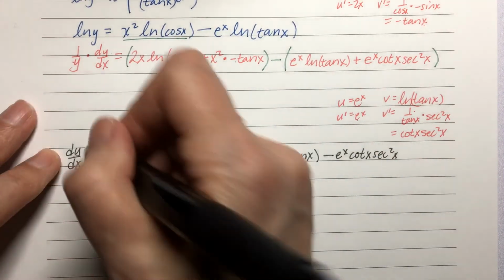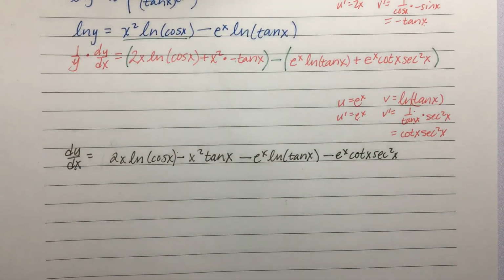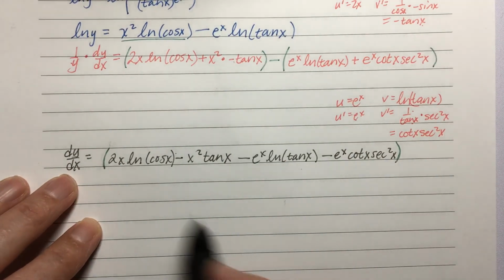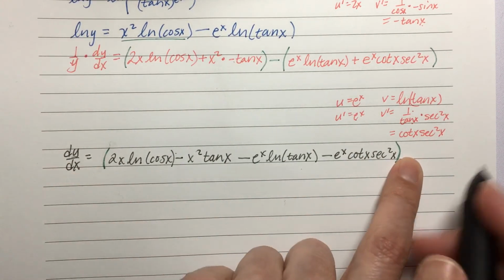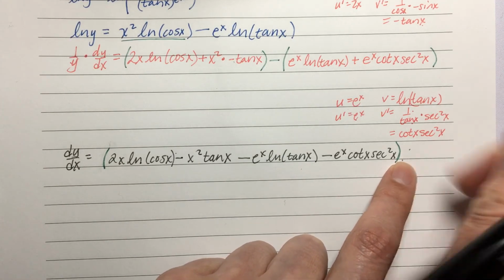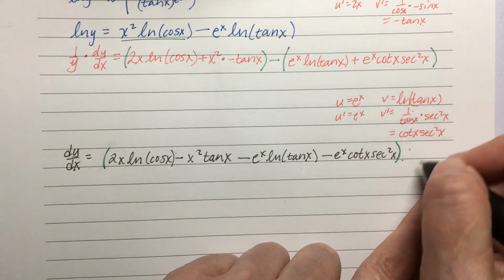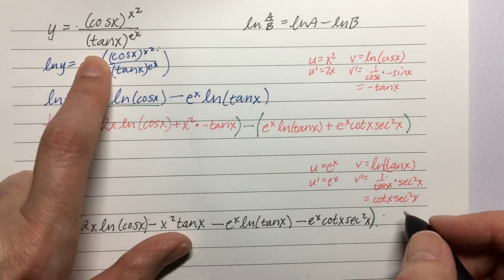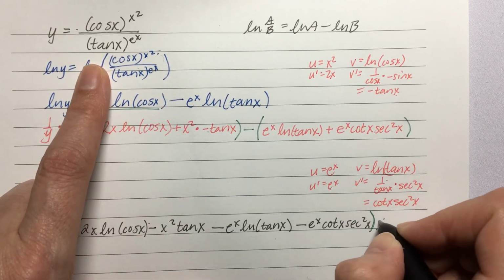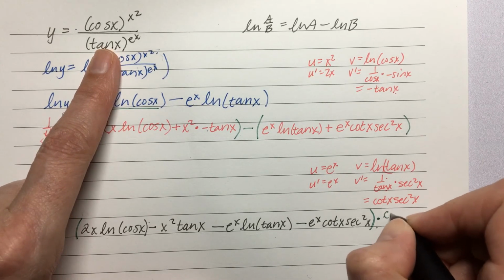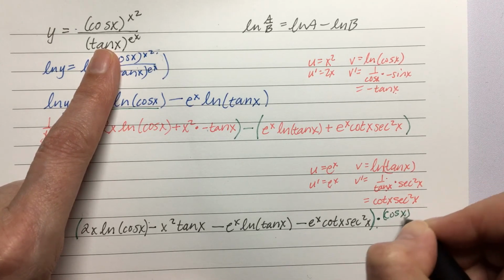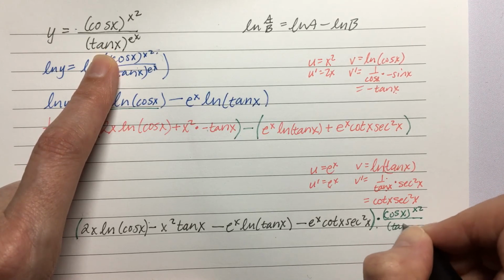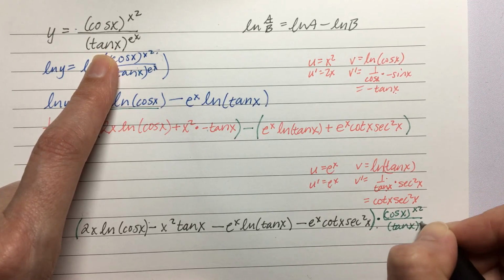And then this whole thing is in parentheses, and that whole thing gets multiplied by y. Rather than writing times y and then having to write this whole thing again, I'm going to go ahead and grab my original. So my times y here is times this cosine x to the x squared over tangent x to the e to the x.